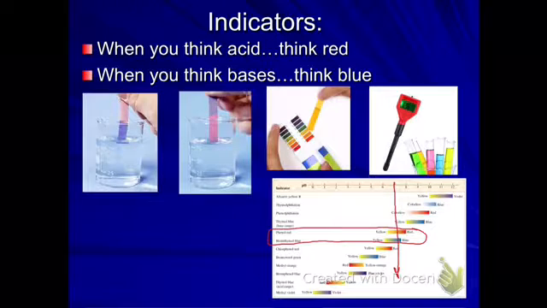Those are the indicators we typically use in most titrations. But as you can see, there are many different types of indicators that you can use depending on where you think your pH will be at the end point, or the equivalence point, of your titration. So obviously I've got to teach you a lot about those titrations, so let's get to it.